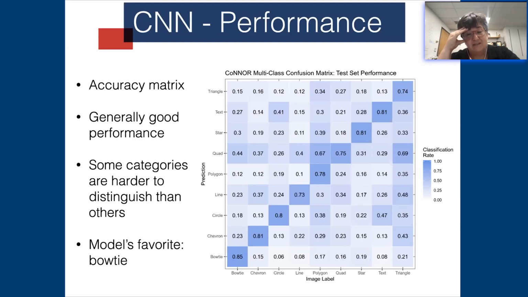Bow ties are easy to recognize, and it's not easy to confuse a bow tie with anything else. So if the model says that it's a bow tie, the prediction accuracy is quite high.